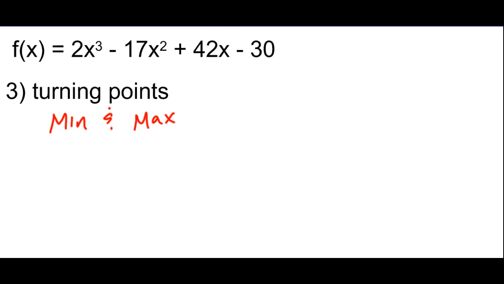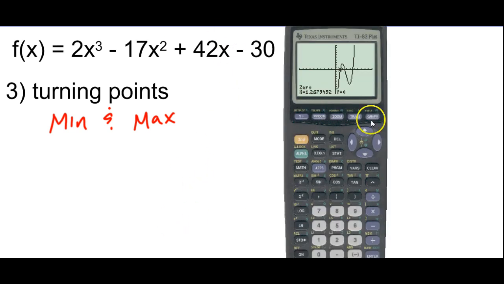If we look at our graph on the calculator, the graph goes up, then turns, goes back down, then turns, and goes back up. So the points that they want are the maximum point here and the minimum point here. How do we do that? The same thing, second trace, and let's find the maximum first, the far left one.